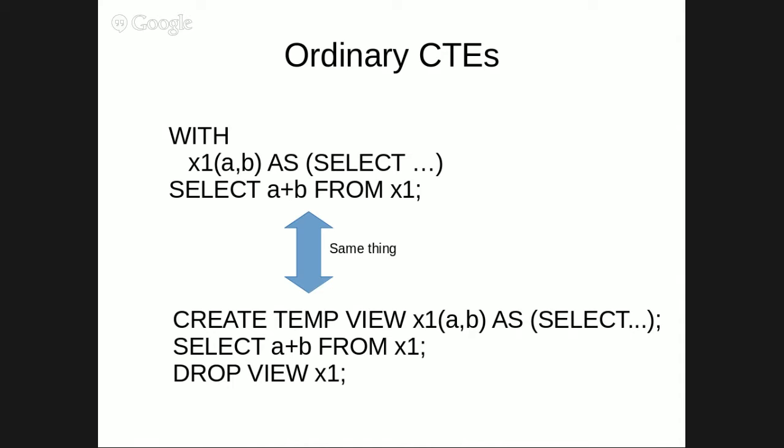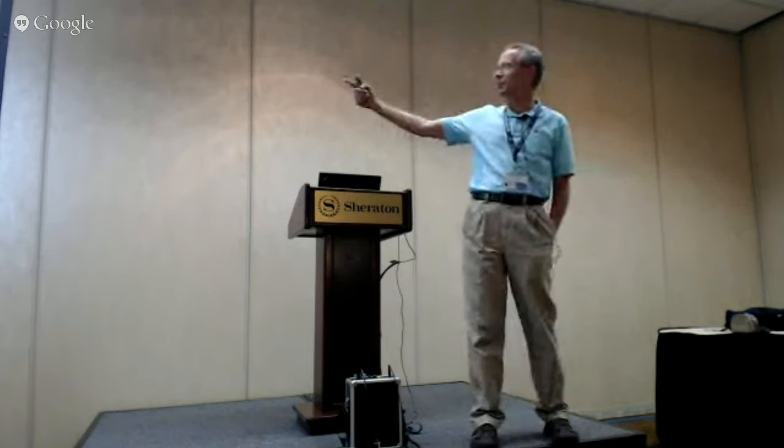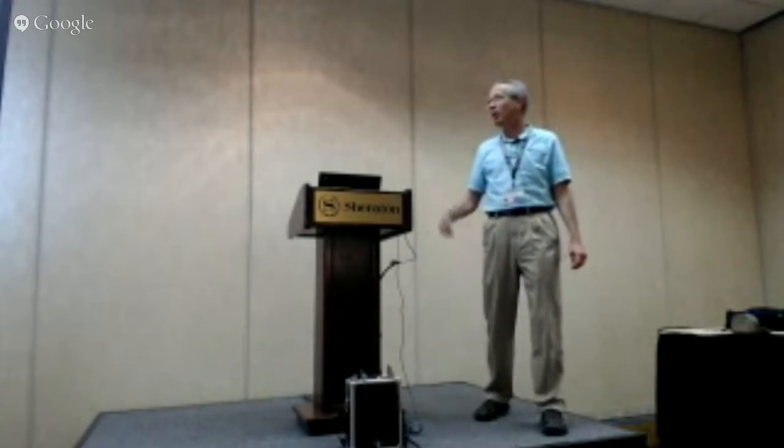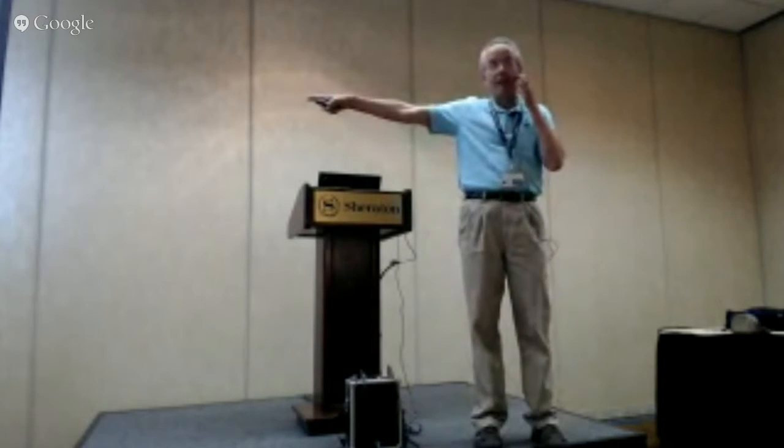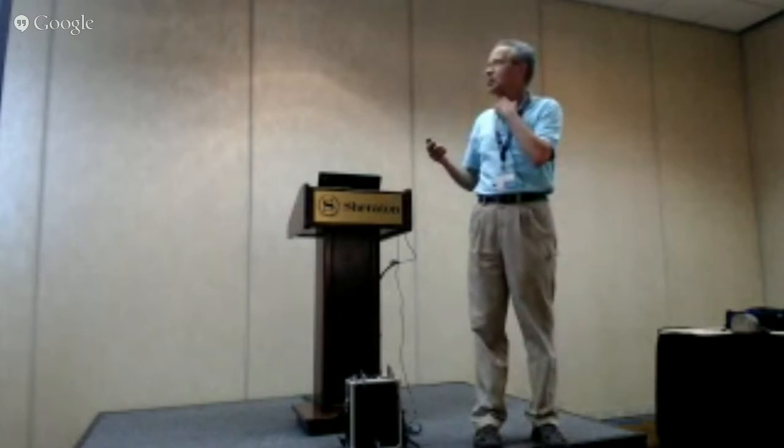Right. So the idea might be that it's going to force it to materialize the view, and then it will be used in a join or something like that. Or no, you might reference it in multiple places, so you don't have to type it twice. Multiple subqueries. There's really no good way of doing that except that. Well, but you can do it with a temporary view. Right, in one query. Okay, but logically, these are equivalent.